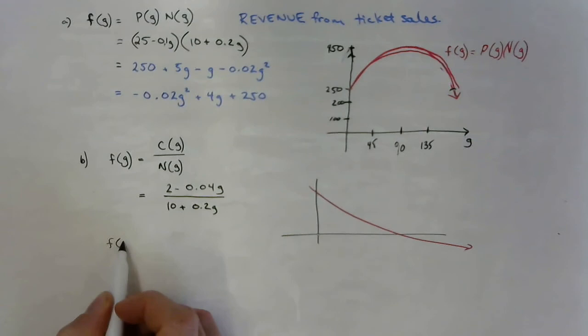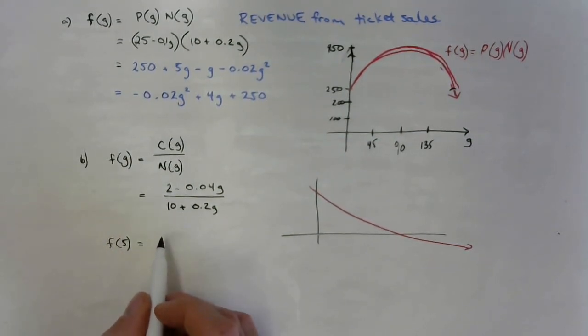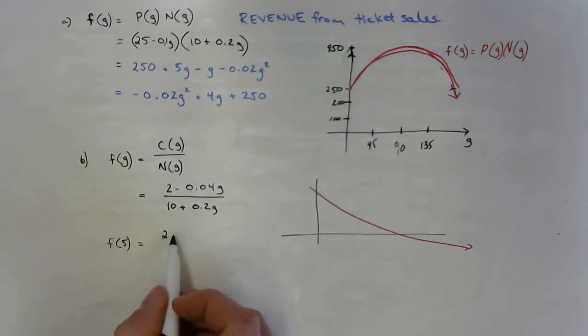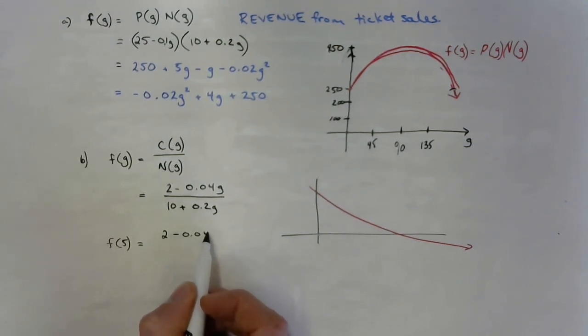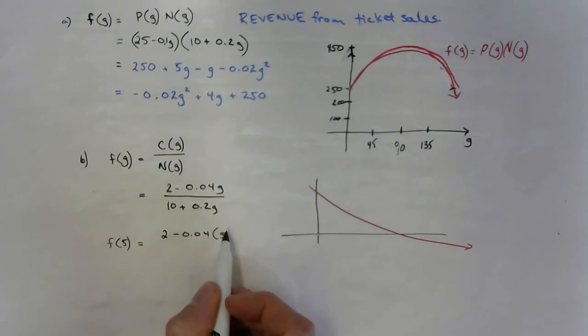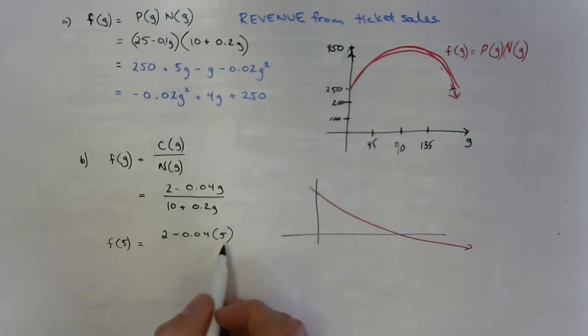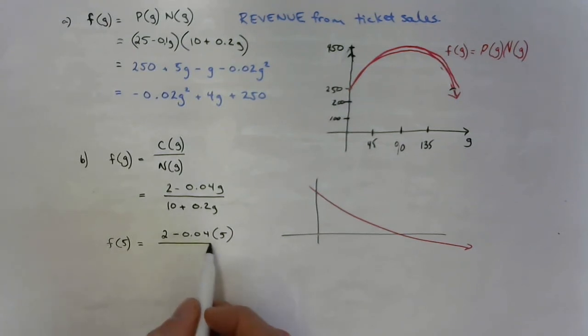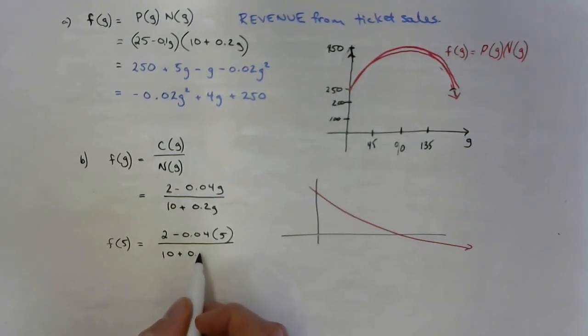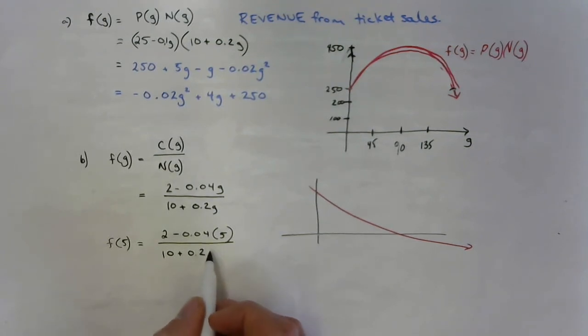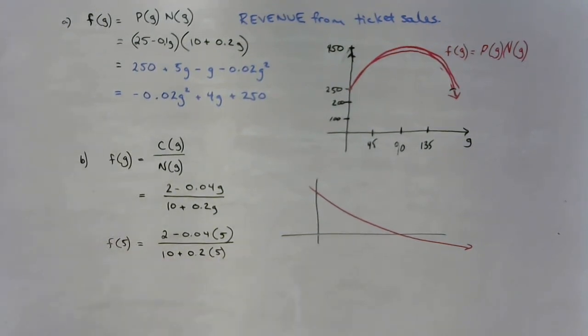So f of 5 means if you went to the 5th game, the number of caps would be represented by 2 minus 0.04 times 5. And the number of people is 10 plus 0.2 times 5.